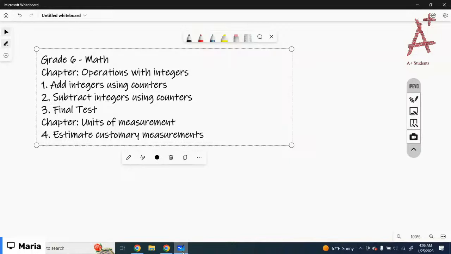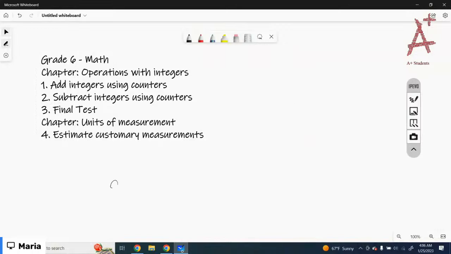You have to log in there using your email address, and the password is provided by the administrator. Then you have to select math from the subject tab, scroll down to grade 6 and then click all lessons. There you can find a list of the chapters.